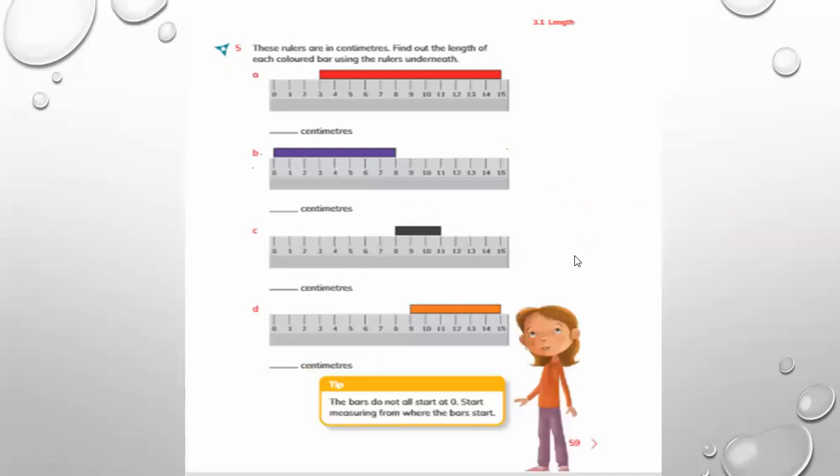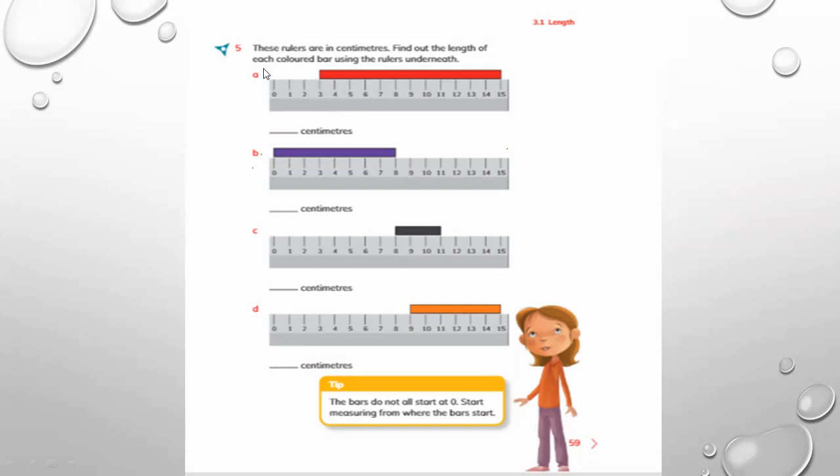For this, these rulers are in centimeters. Find out the length of each colored line using the ruler underneath. So here we have ruler from 0 to 15. So this is starting from 3.